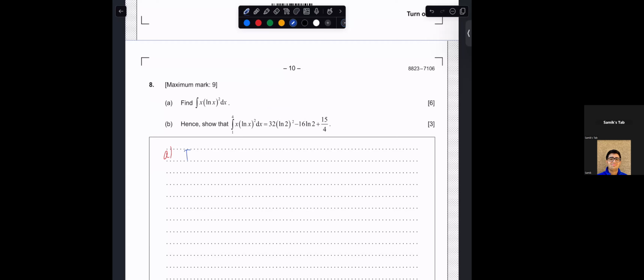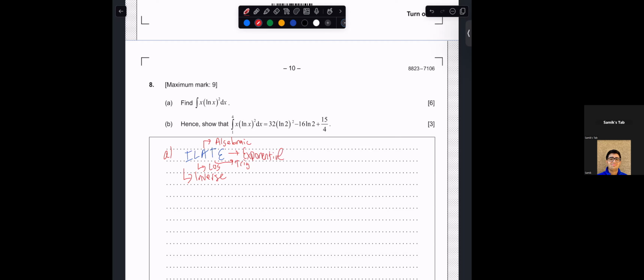So there's this certain method that I first want you to remember, because it's an order type of thing. I'll show you the formula and what I mean by order. ILATE: I stands for inverse, L stands for log, A stands for algebraic, T stands for trigonometry, and E stands for exponential.